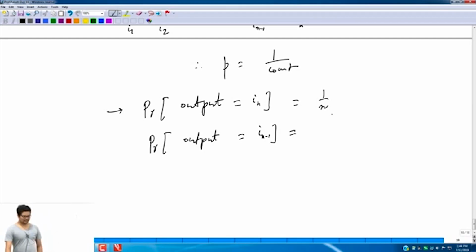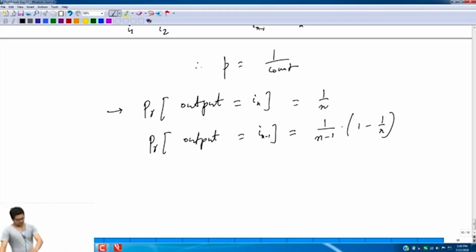Let's calculate. For the output to be IN minus 1, what event should happen? At the n minus 1th step, the item IN minus 1 should be selected. That happens with probability 1 by n minus 1, right? And in the next step, at the nth step, it shouldn't get overwritten. That happens with probability 1 minus 1 over n.